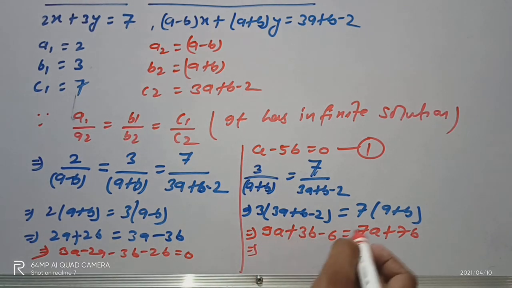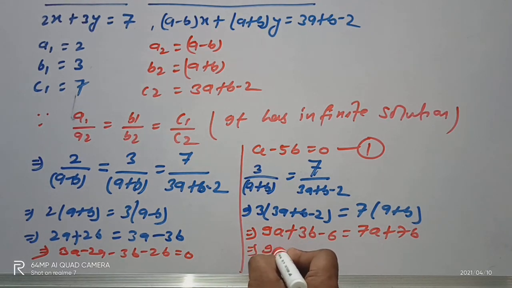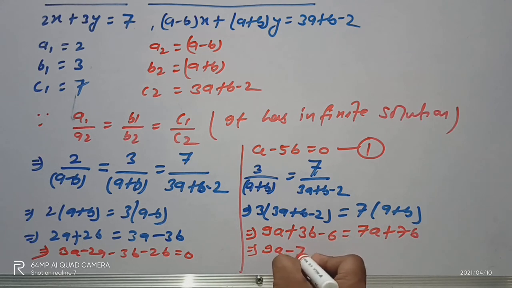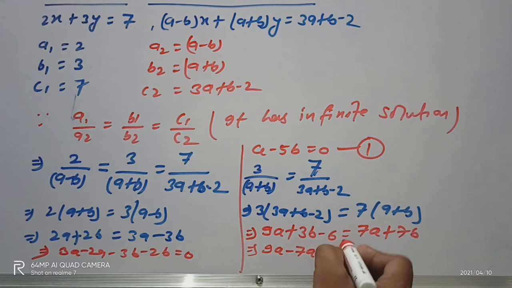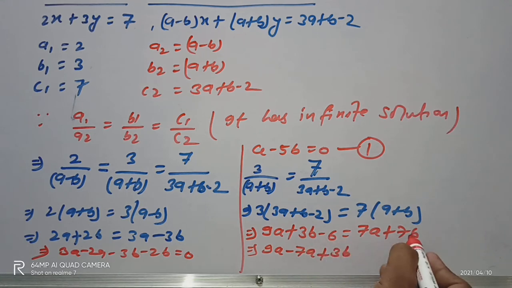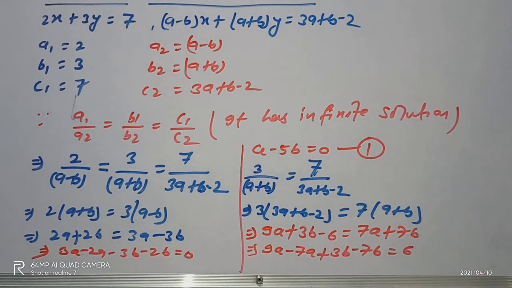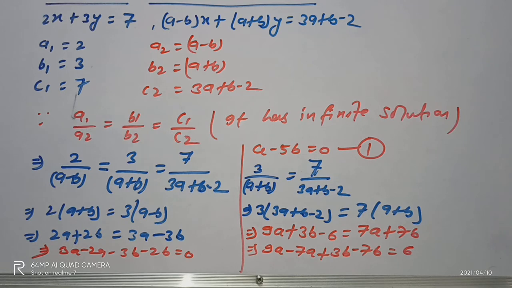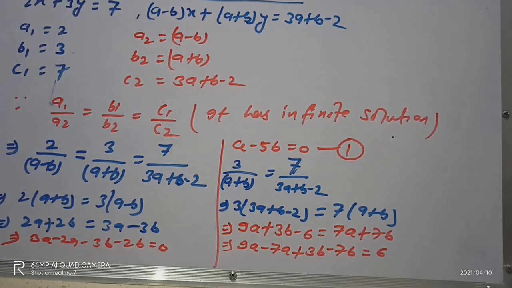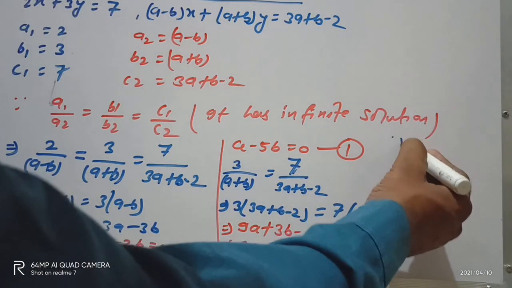So 9a and 7a: 9a will remain this side, 7a will come this side as minus 7a. Now this is 6. Now 3b is there, and when 7b comes to the left side it will be minus 7b, and when 6 comes, the right side will be 6. No problem at all.